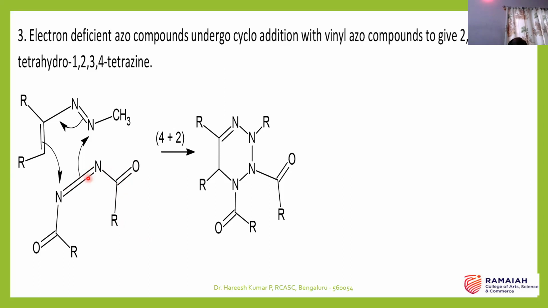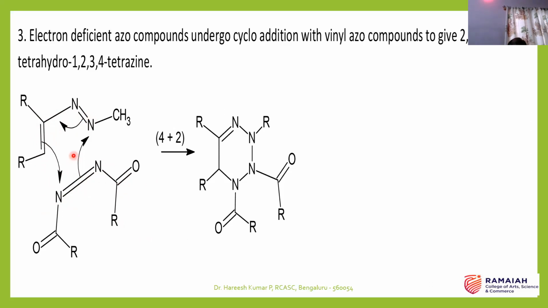So these diimides are called electron deficient ones. And since it is electron deficient, it will act as a dienophile, and this will act as a diene. Okay, so what is the name of this compound? Maybe you can say that this group is called vinyl group, and this group is called aza.